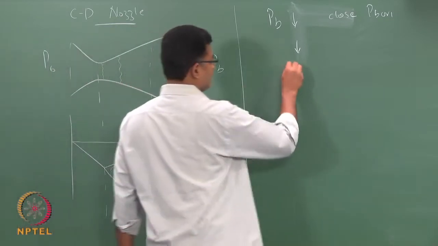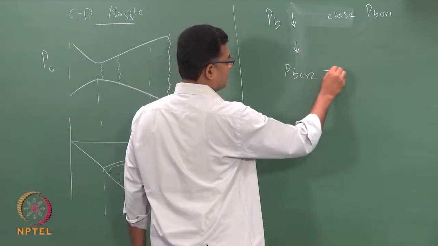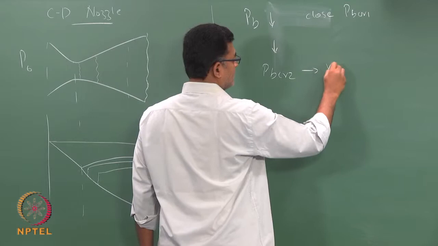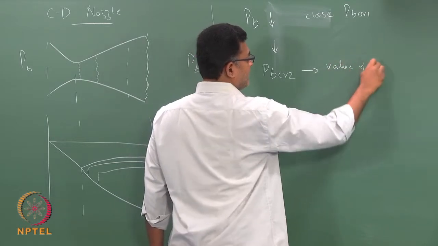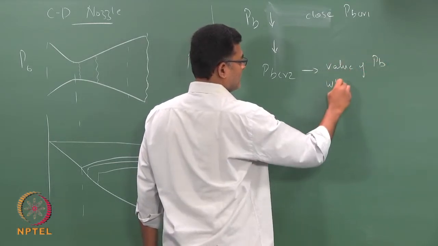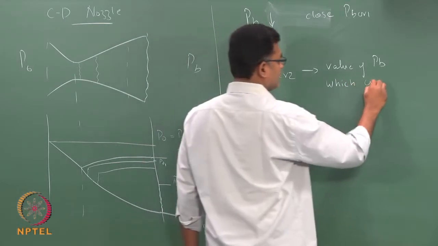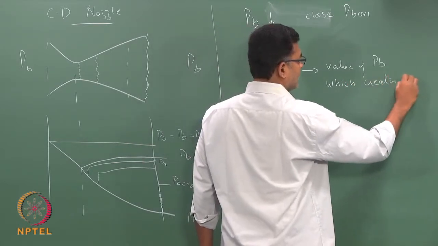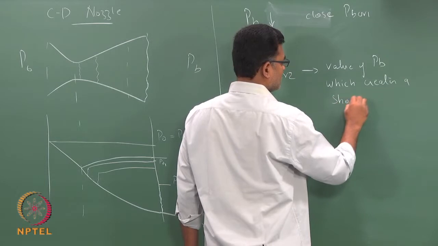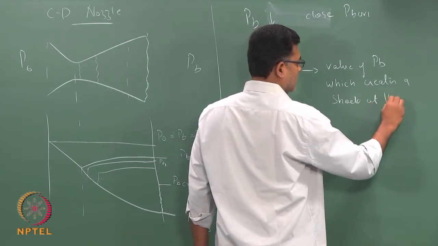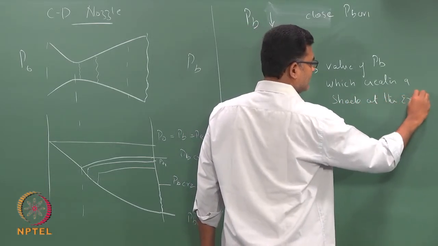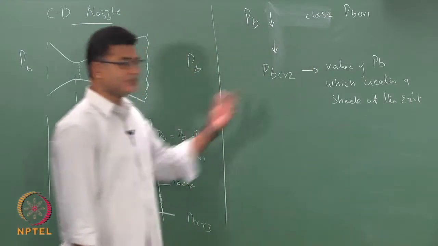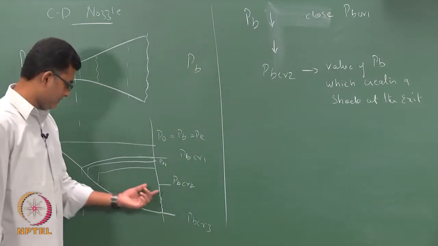So, you would reach P critical 2, the value of PB which creates a shock exactly at the exit. So, this is my so-called PB critical 2.